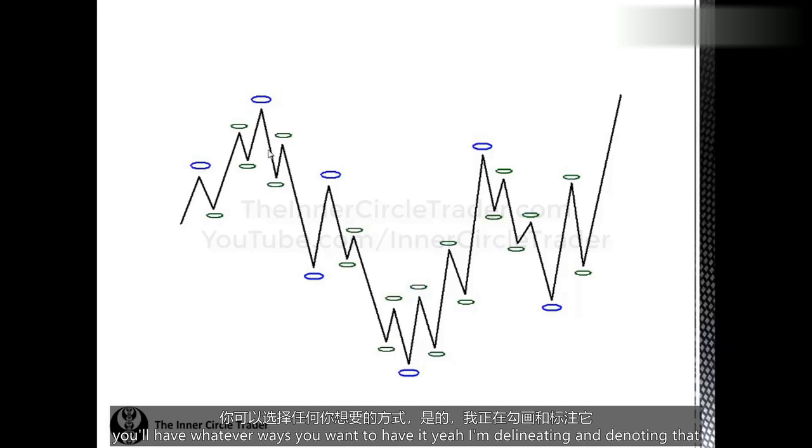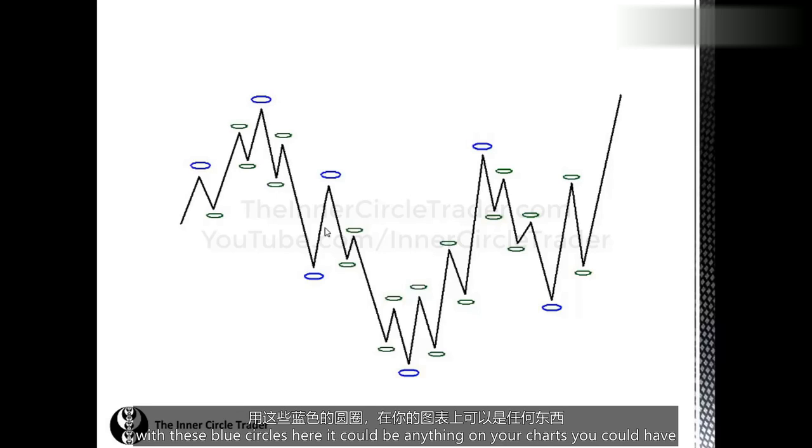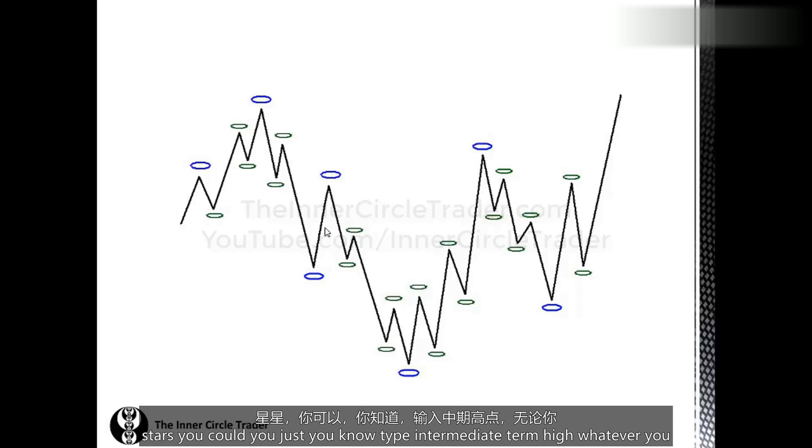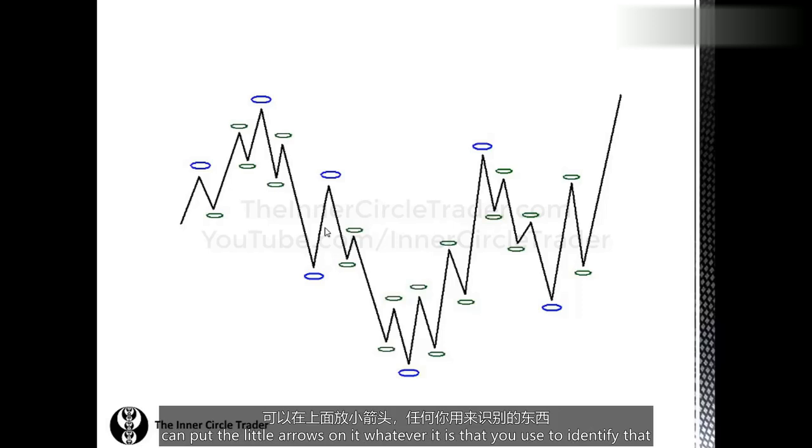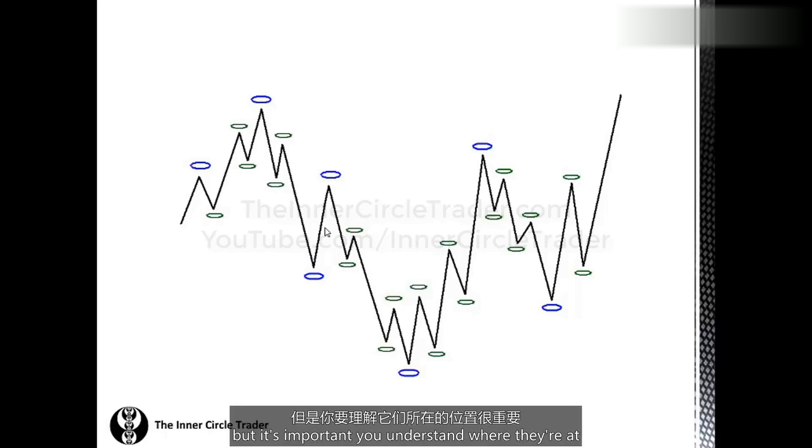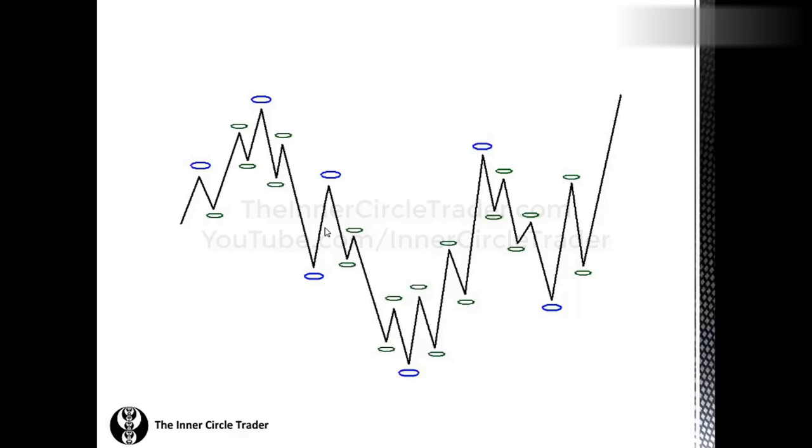I'm delineating and denoting that with these blue circles here. It could be anything on your charts. You could have stars, you could just type intermediate term high, whatever. You could put the little arrows on it. Whatever it is that you use to identify them, that's your way of doing it. But it's important you understand where they're at.